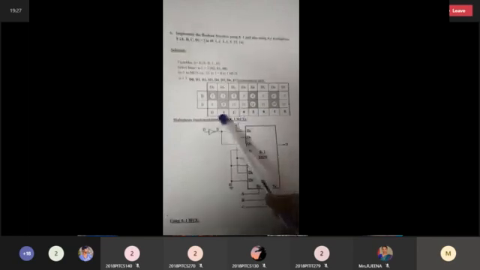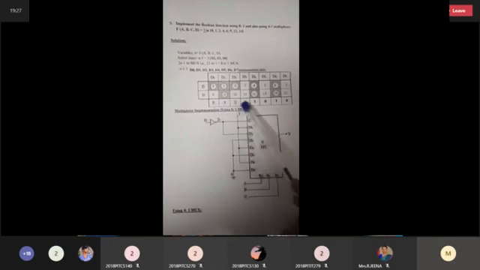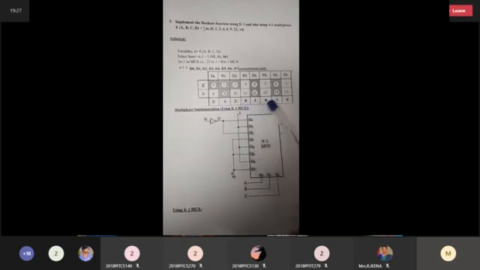Okay. So what are the ground variables? D3, D5 and D7. So ground D7, D5 and D3. What are the ones? D1, D4 and D6. Okay.